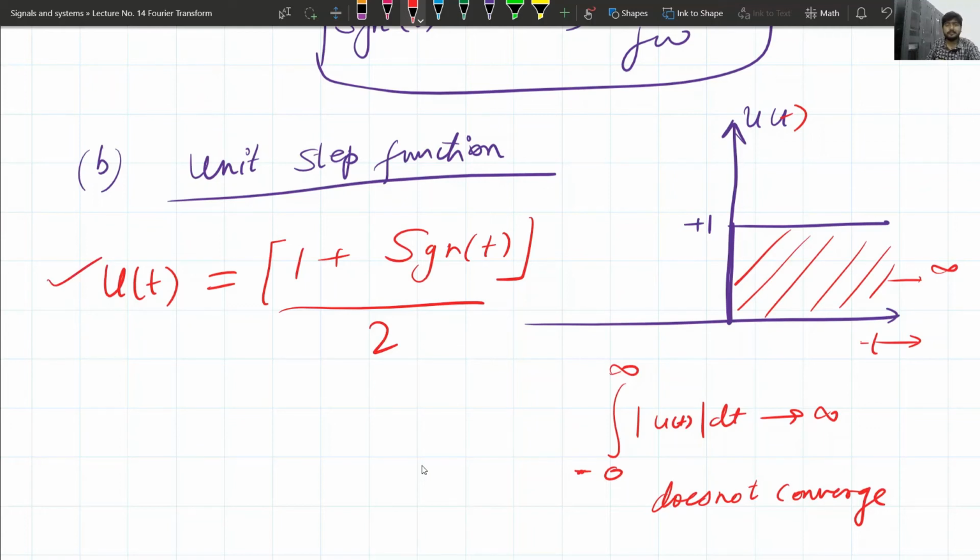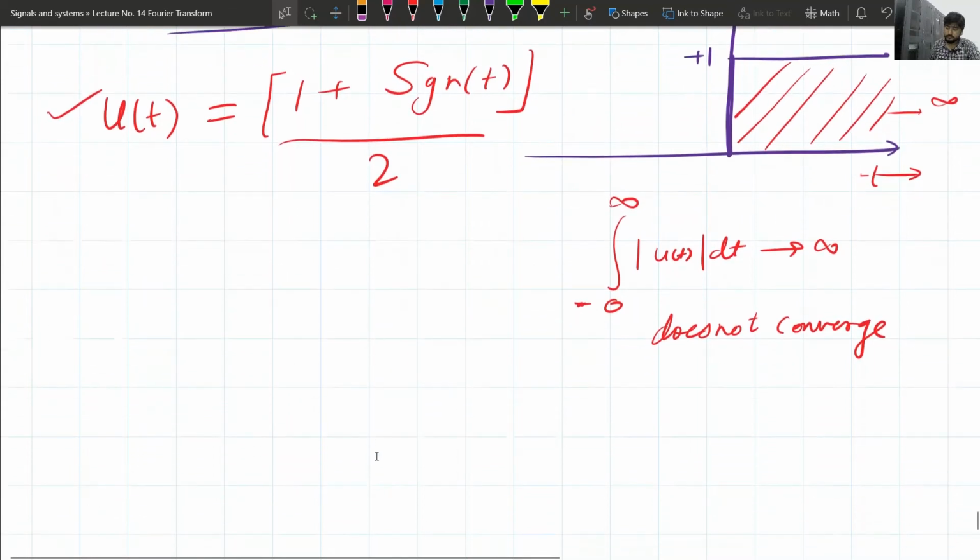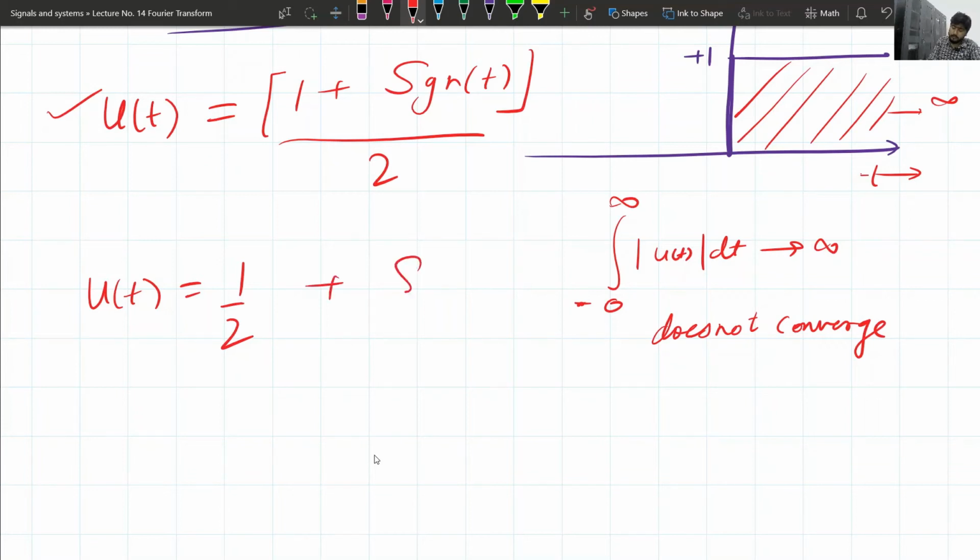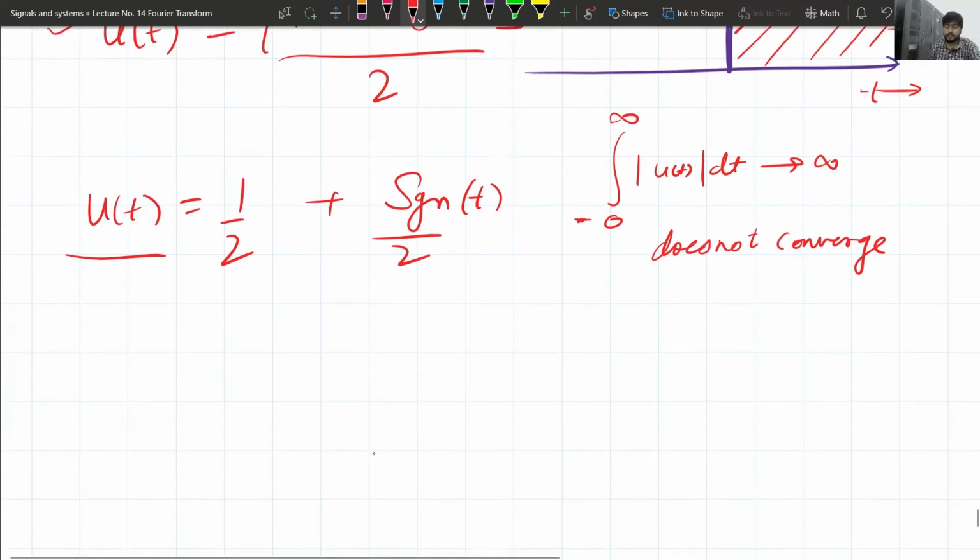You can validate this graphically by applying the shifting and scaling properties. Then u(t) is given by 1/2 plus signum of t by 2. Now you can see u(t) is a combination of two signals. One is the DC signal and second is half times the signum function.